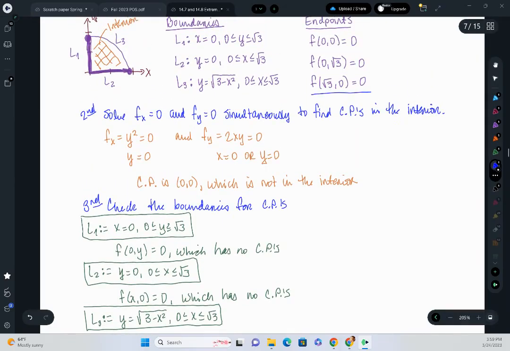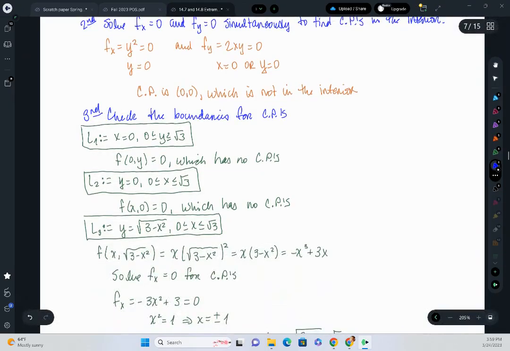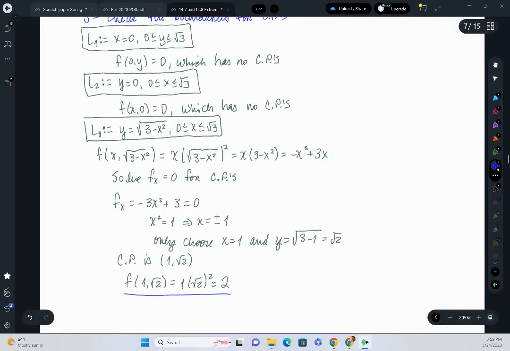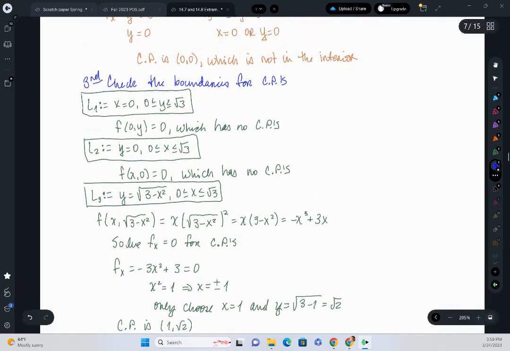Then I have my endpoints. So I have 0 as a value. I got no critical points in my interior. My boundaries, I got 1 critical point. It is 2. 2 is bigger than 0. So now I can go to my fourth step. We're going to state the extrema.